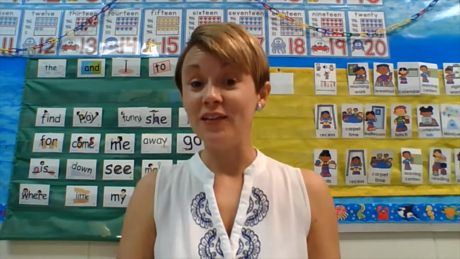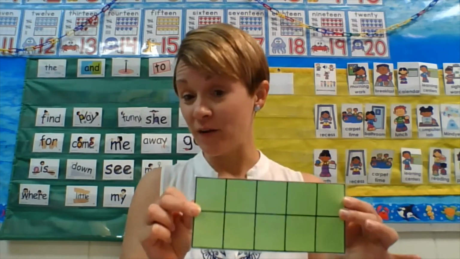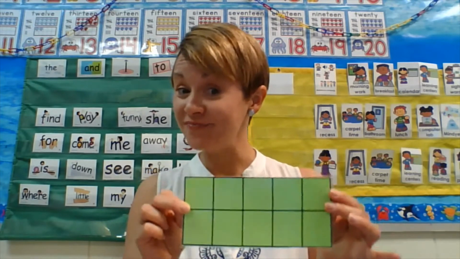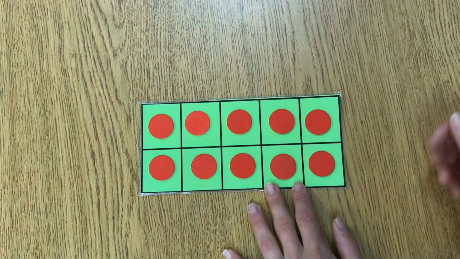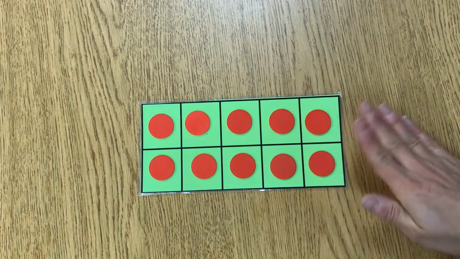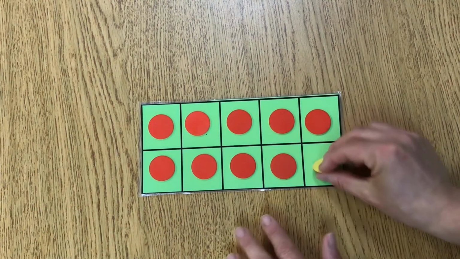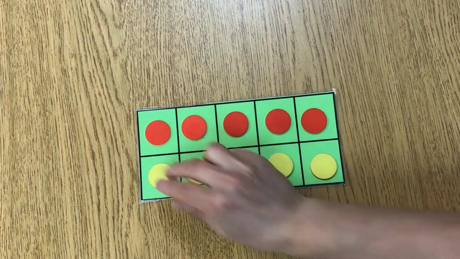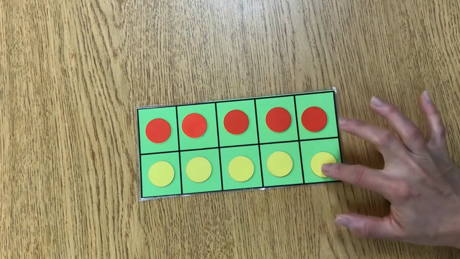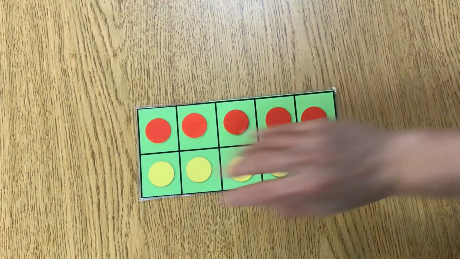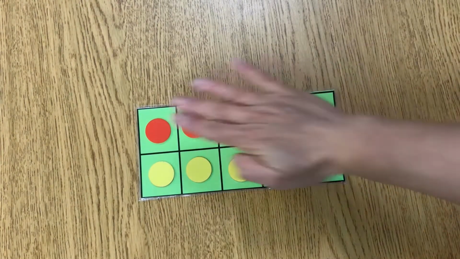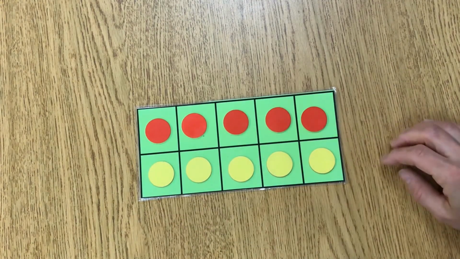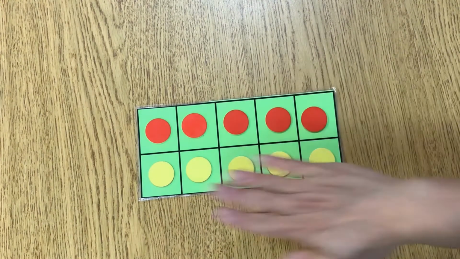Now that we've seen how to make 10 using those double-sided chips, let's get my tens frame out and give it a try. Here is my tens frame with 10 chips on it. Just like on the computer, I can flip some of them over to show the yellow side. Now I have 2 groups, the red group and the yellow group. 5 and 5 makes a group of 10.